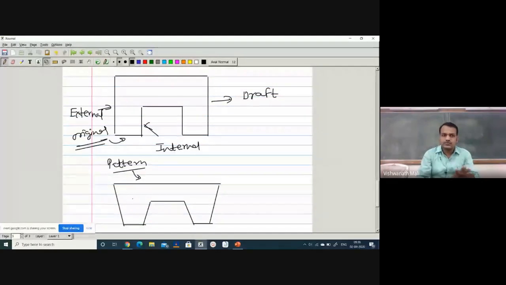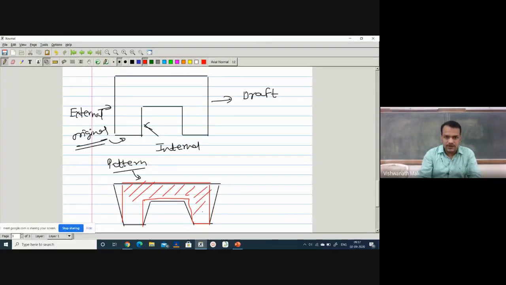So your size will be changed, but here we are giving a 1 or 2 degree draft. After manufacturing, we go for machining, and we get the original part. I am drawing the original part in red. This is your original part, shaded in red. Can you see? We get it by machining.